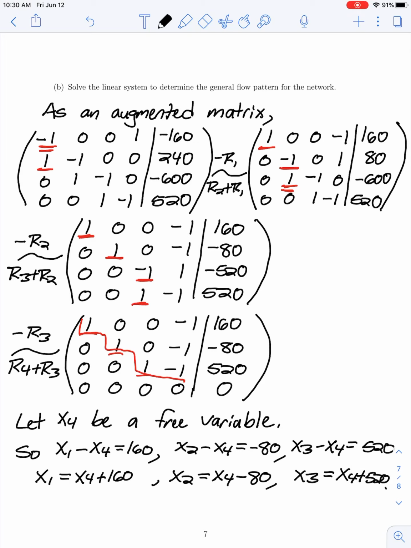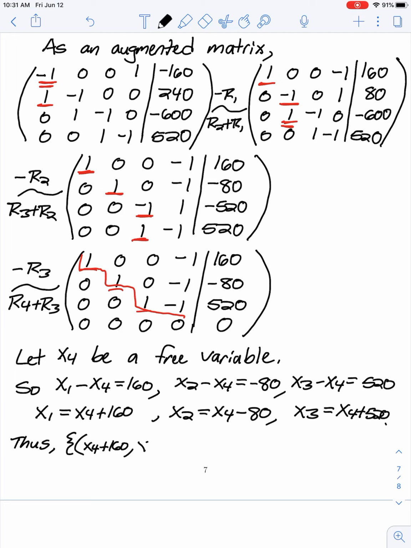So here we have a solution set where our solution set would be of the form x1 is equal to x4 plus 160, x2 is x4 minus 80, x3 is x4 plus 520, and x4 was some free variable.